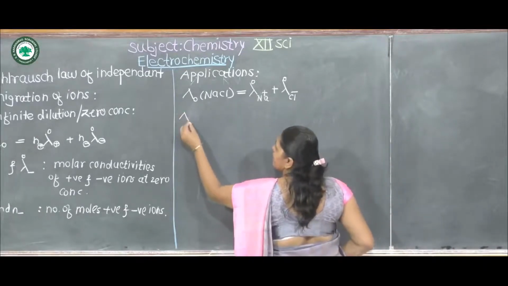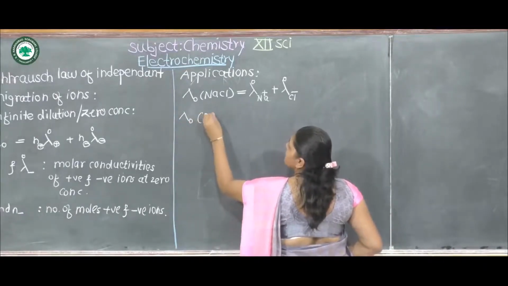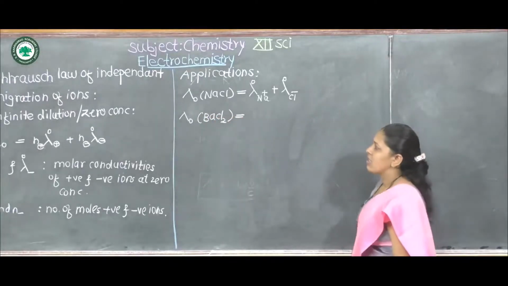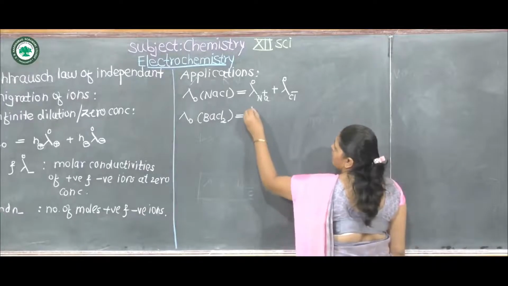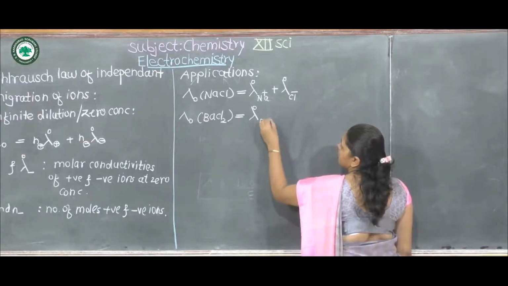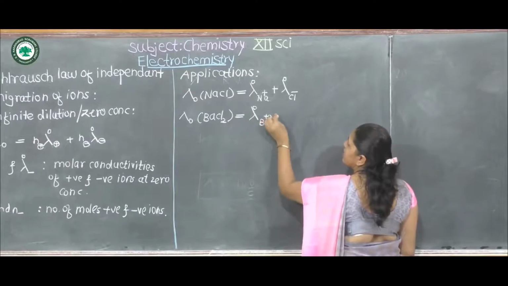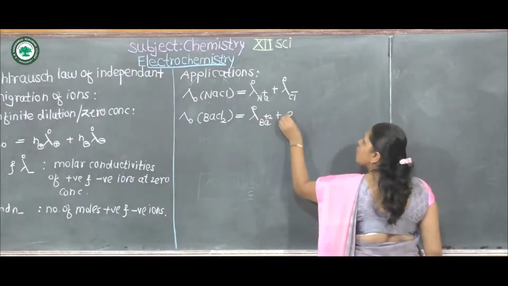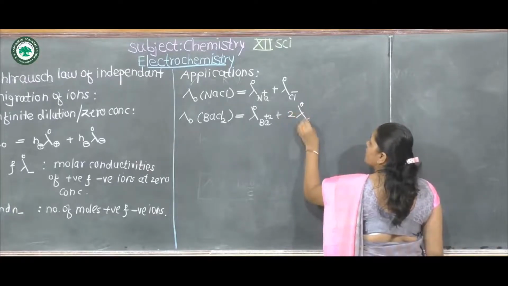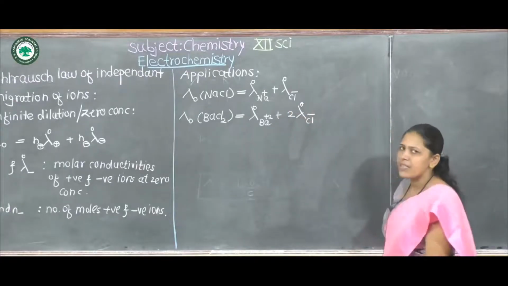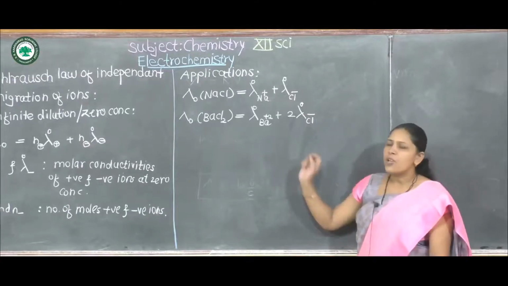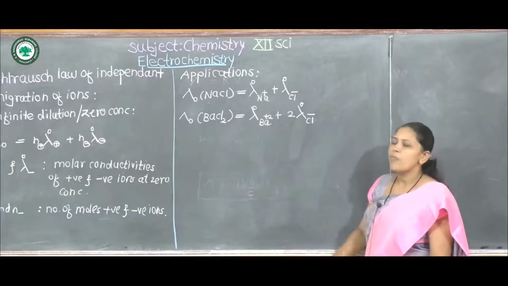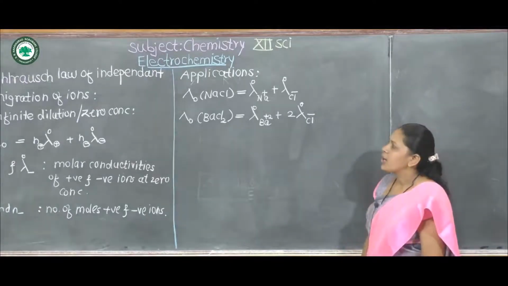Then the next example, molar conductivity of barium chloride depends on the molar conductivity of the positive ion, that is barium 2 plus, plus 2 multiplied by the molar conductivity of Cl minus, because here the number of moles of positive ion is 1 and the number of moles of negative ions is 2.